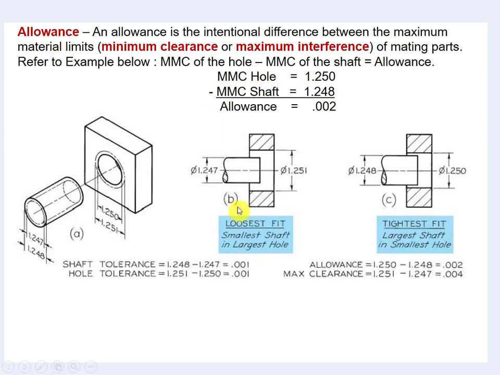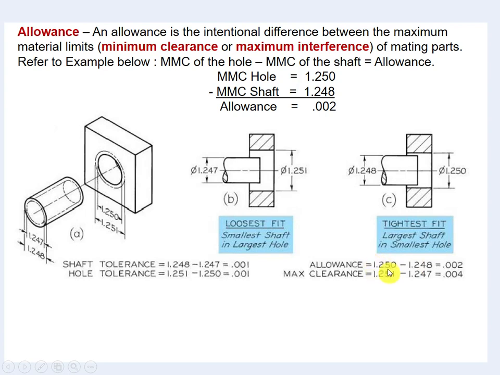First, what is the shaft tolerance? It's the largest diameter minus the smallest diameter, which is 0.001. What is the hole tolerance? The largest diameter minus the smallest diameter, which is 0.001, the same. How much is the allowance? MMC for the hole minus MMC for the shaft.